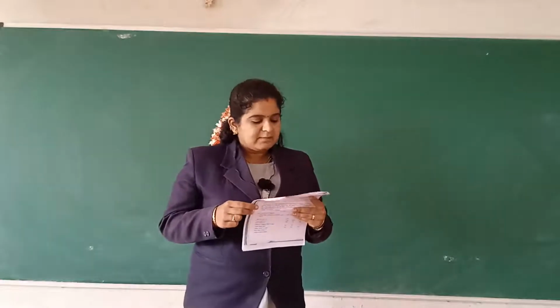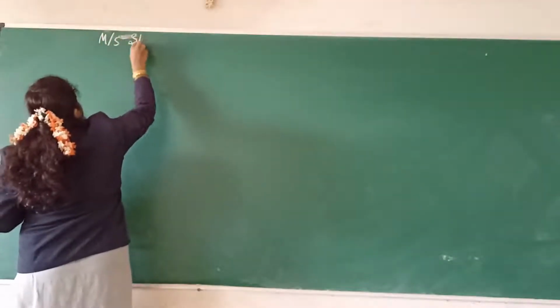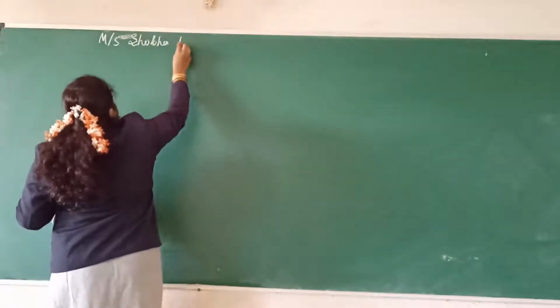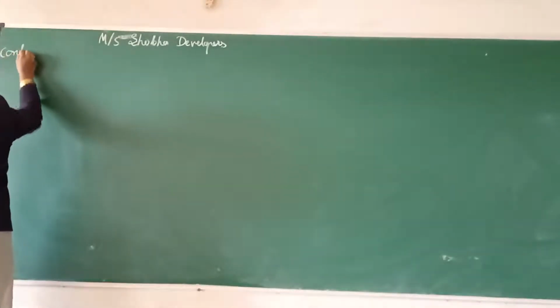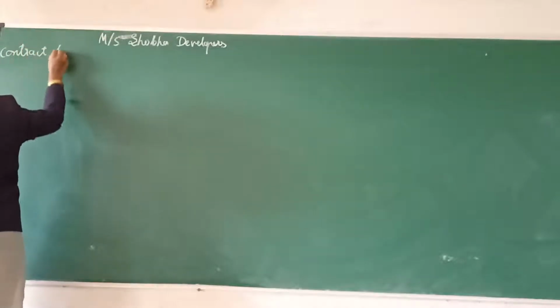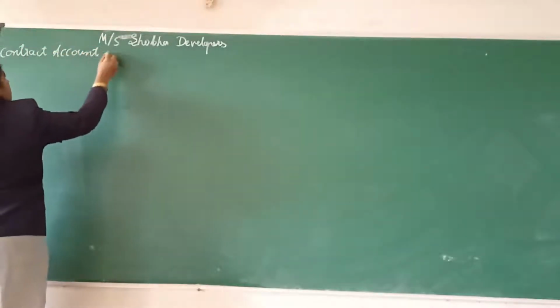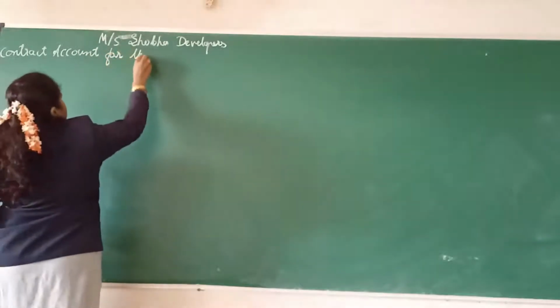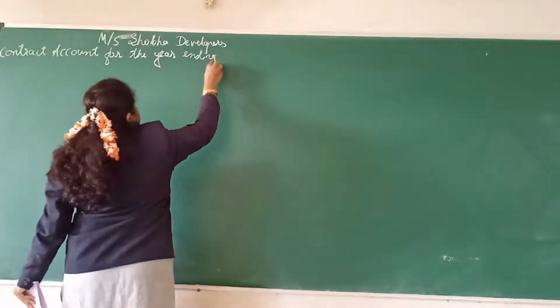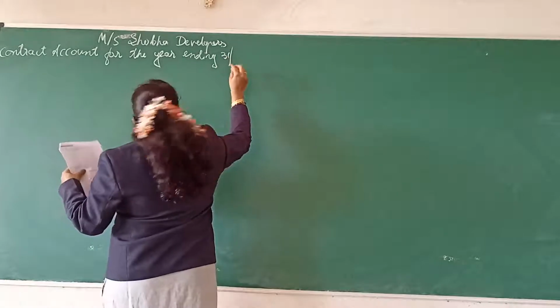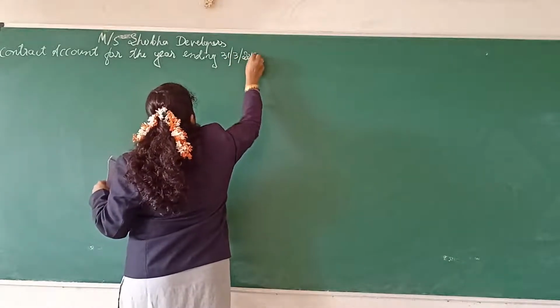Okay, write down the heading: Messrs. Shobha Developers, Contract Account for the year ending 31st March 2018.